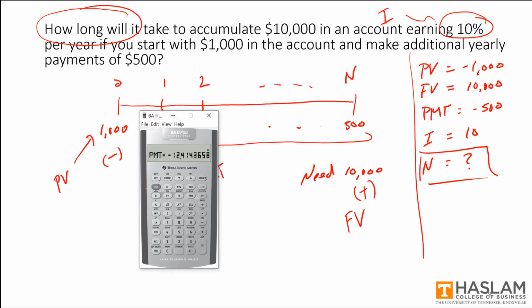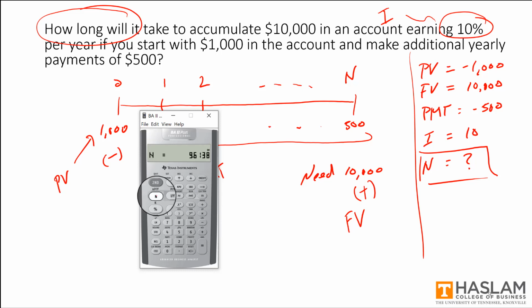To the financial calculator, start by clearing everything. And now we go. $1,000, change the sign to negative, goes into PV. $10,000 as a positive number goes into FV. 500, change the sign to negative, goes into PMT. 10 goes into I. Now I have 4 things entered, and I'm going to compute the 5th.